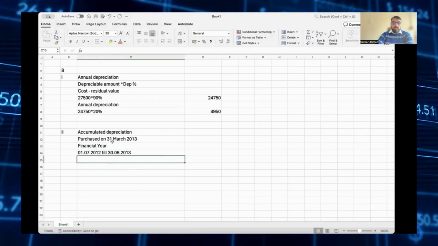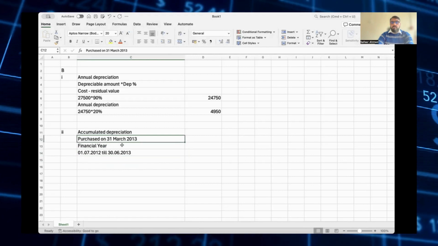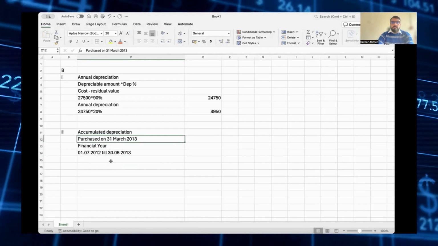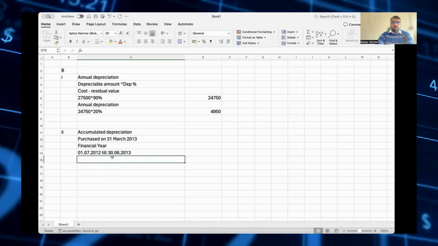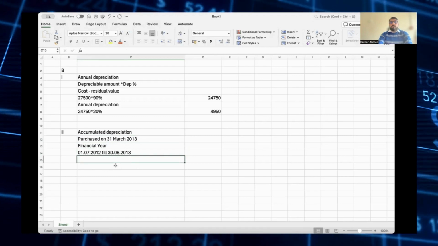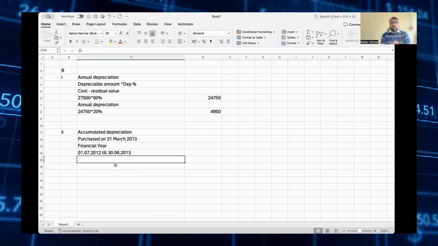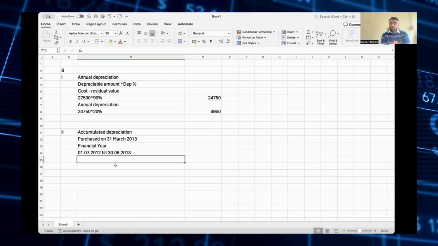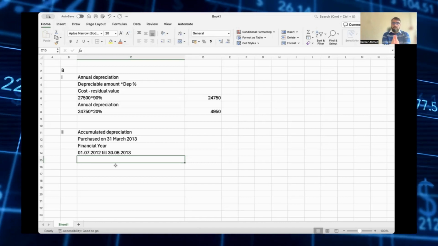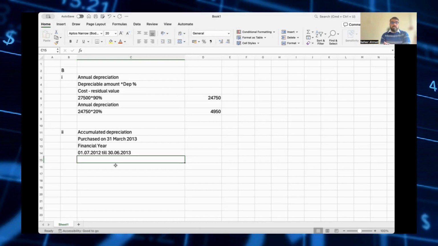So if you think about it, this person purchased this van on 31st of March 2013. So in relation to the first year, how many months are relevant in relation to this van? In other words, from the date at which this person bought this van, which is 31st of March, until the year end, which is 30th of June, is 3 months. So which is April, May, and June.